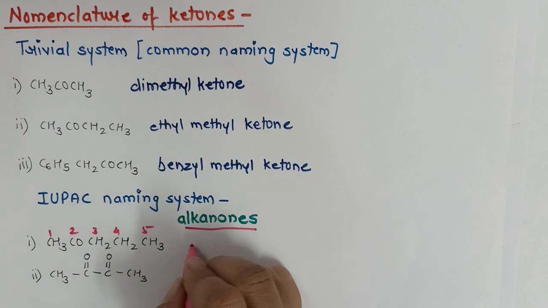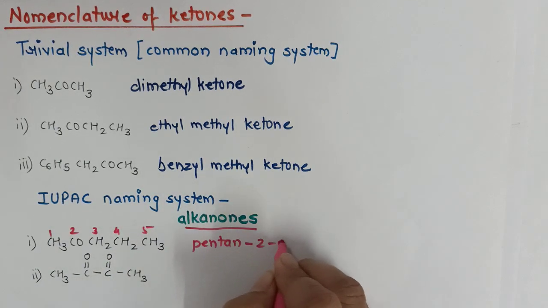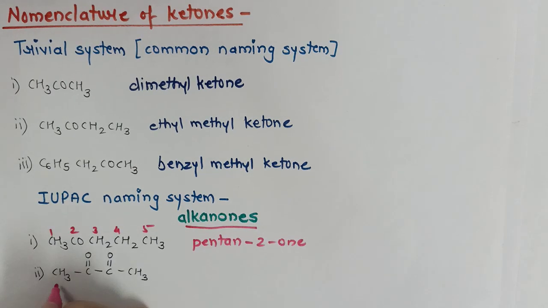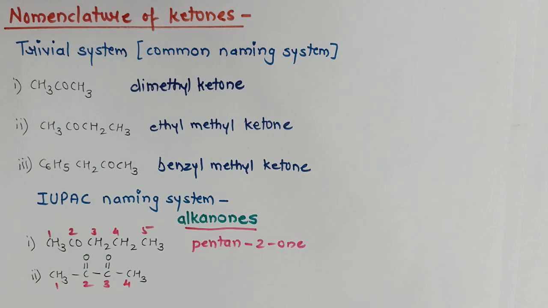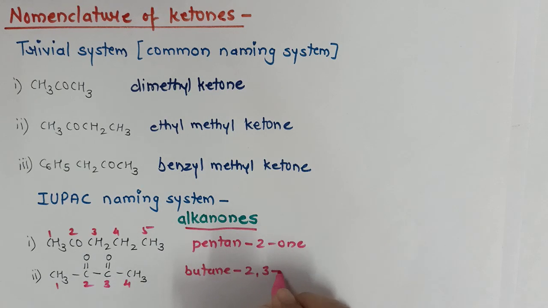So this will be pentan-2-one. In the second example, 1, 2, 3, 4. So there are two ketonic groups. The name will be butane-2,3-dione.